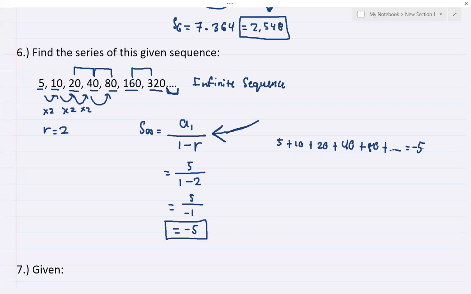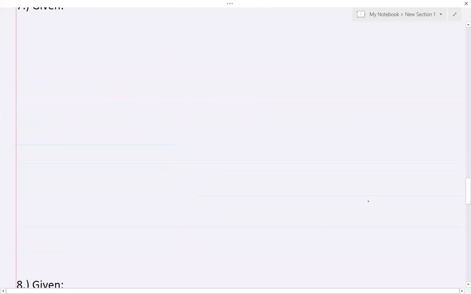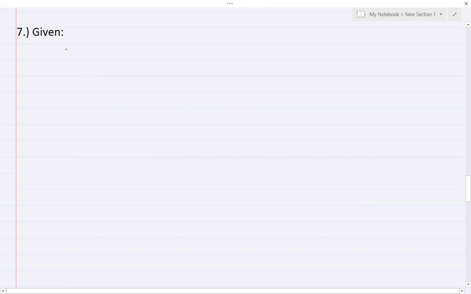Now here in 7, I'm going to write the given. Let's say you have a given a sub 1, which is 33.